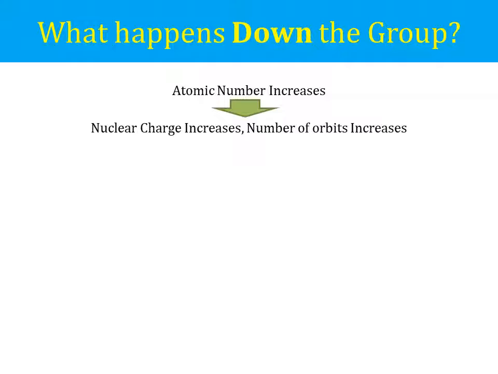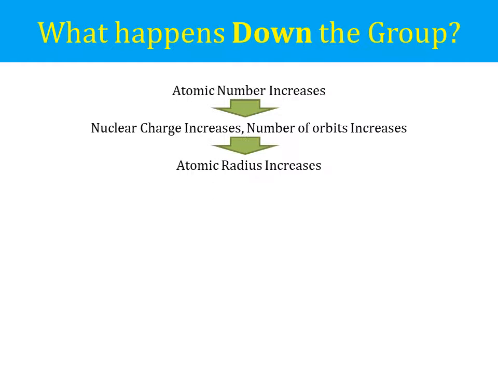There are two parameters which are increasing. The first is the nuclear charge. The second is the number of orbitals.